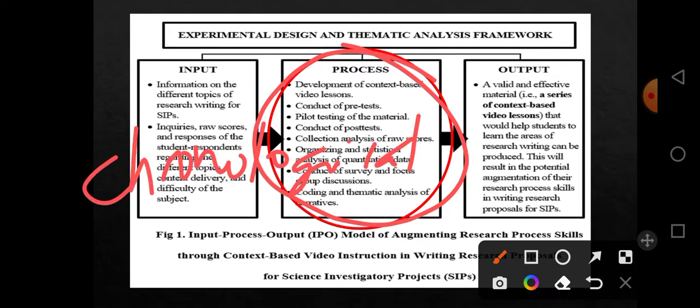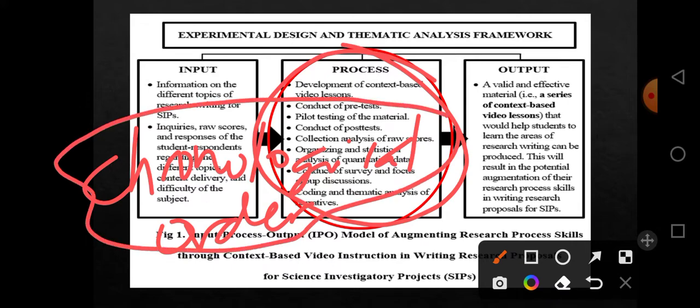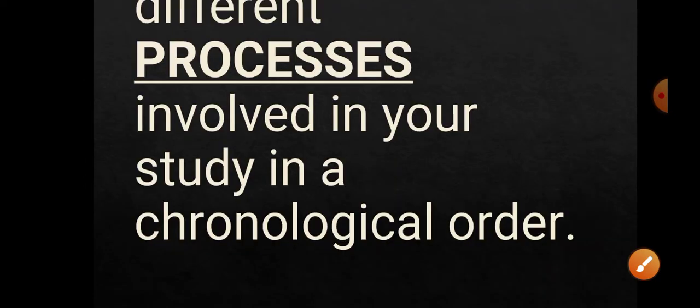Again, the processes part outlines the different methods and processes in chronological order. So that will be our third guideline. We must determine the different processes involved in your study using a chronological order.